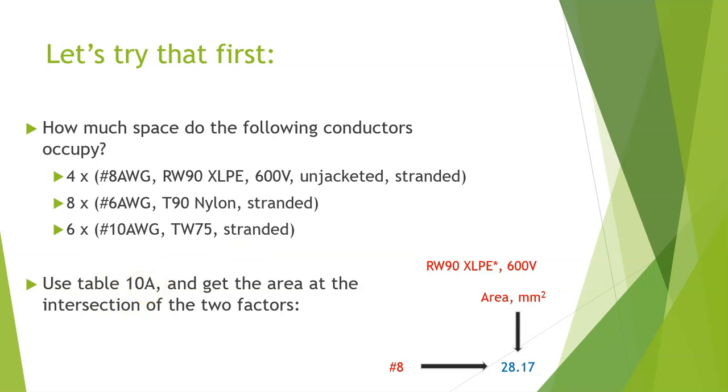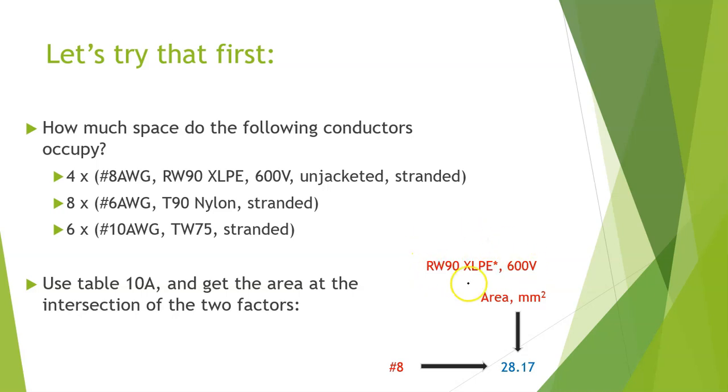What we do there is we go into the table and we first use the information about what kind of conductor we're using to locate the appropriate column to use. So you'll notice that in your table 10A, the first type of conductor is the R90, RW90 XLPE, 600 volt unjacketed. And if you go and look in table 10A, that is your very first column after your wire sizes in the table.